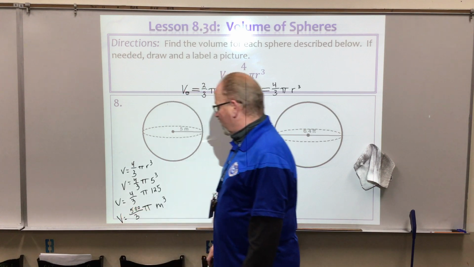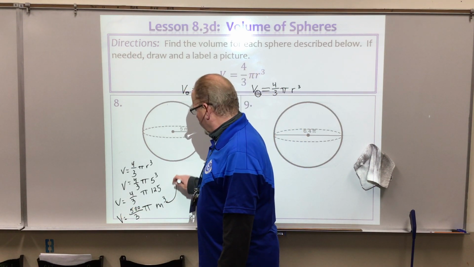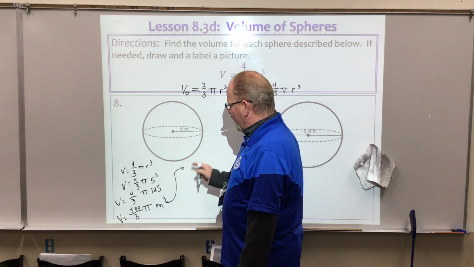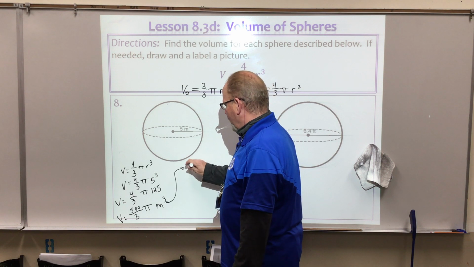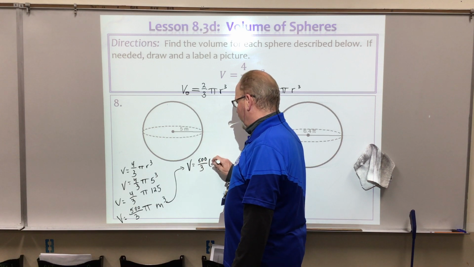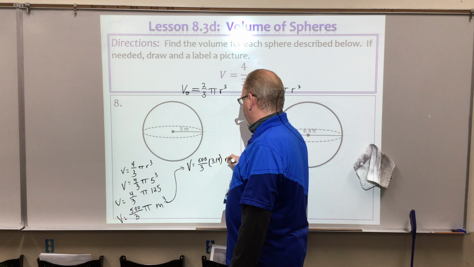Remember to put your units in all of these measurements, okay? Now, if your question said use 3.14 for pi, then your volume is going to equal 500 over 3 times 3.14 meters to the third.